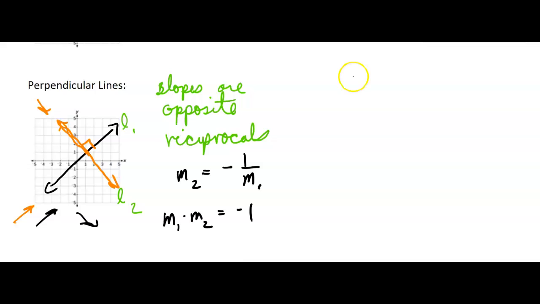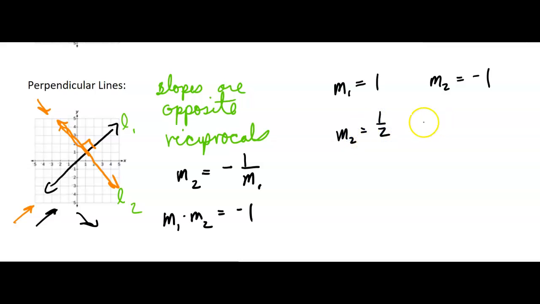So let's say the slope of the first line in my drawing is 1. Then the opposite reciprocal is -1. Now let's say the slope of your first line is 1/2.